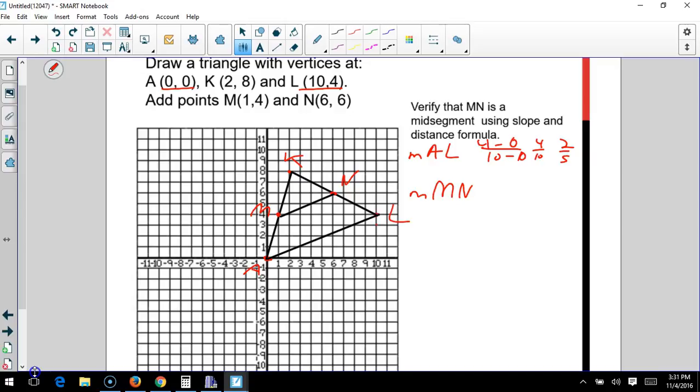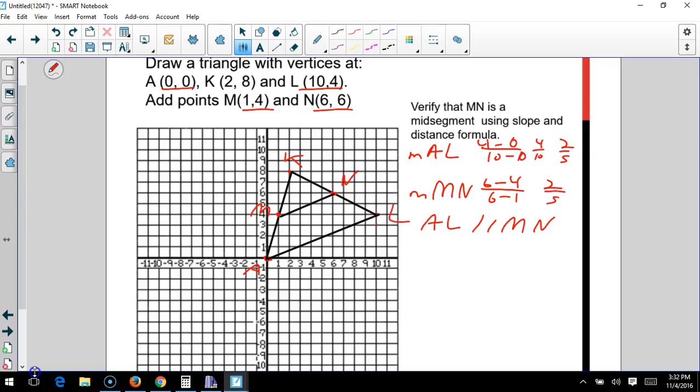And then y minus y over x minus x, 2 over 5. They have the same slope. So we know that AL is parallel to MN.